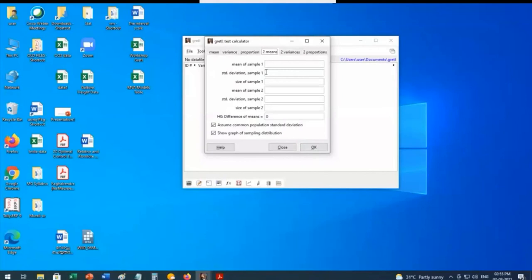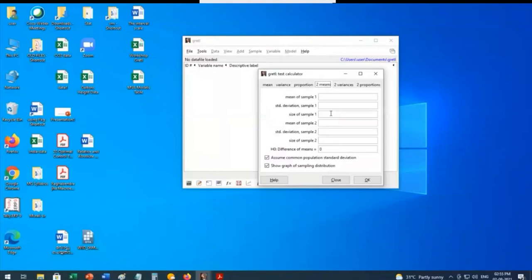That means the difference of means is equal to 0. Clicking OK, we will get the result. Now, if we have already entered the data, then automatically all these cells will be filled. And then we click OK and we will get the result. I shall show you one example later on after entering the data.